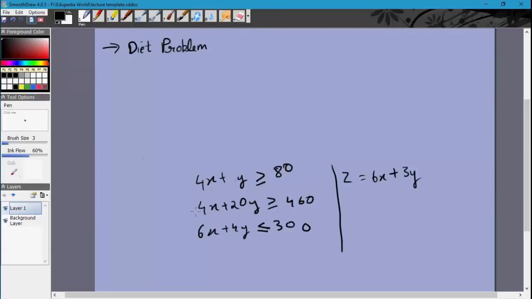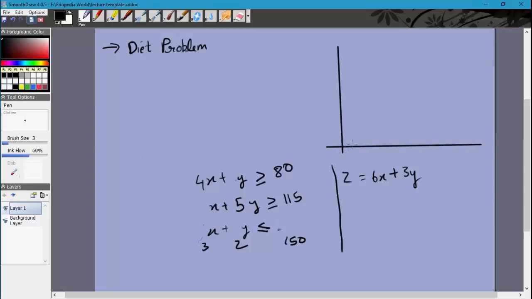Similarly, you divide this by 4, you get x plus 5y, and 460 divided by 4 is 115. And this you can just divide by 2, so you have 3x plus 2y less than or equal to 150. So these are the three equations. Now we start to draw them on the graph. Of course, x greater than 0 and y greater than 0 is assumed.